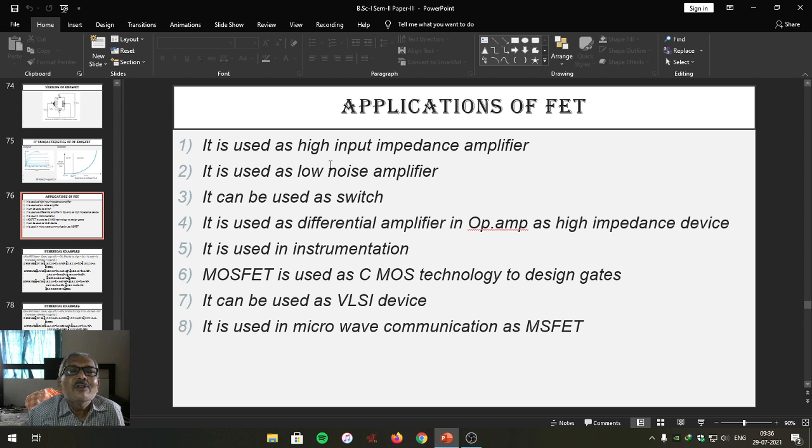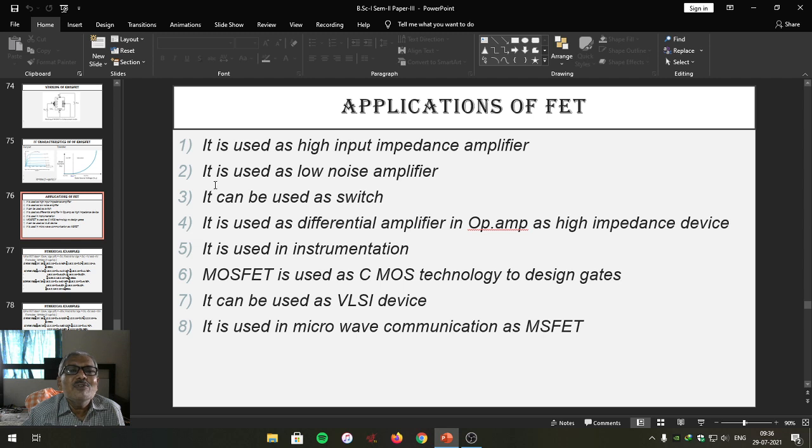Student friends, FET is used as a high input impedance amplifier because generally, as far as junction FET is concerned, the input gate to source junction is reverse biased, the output junction is forward biased, and that's why input impedance is high, and that is the reason why FET can be used as a high input impedance amplifier.